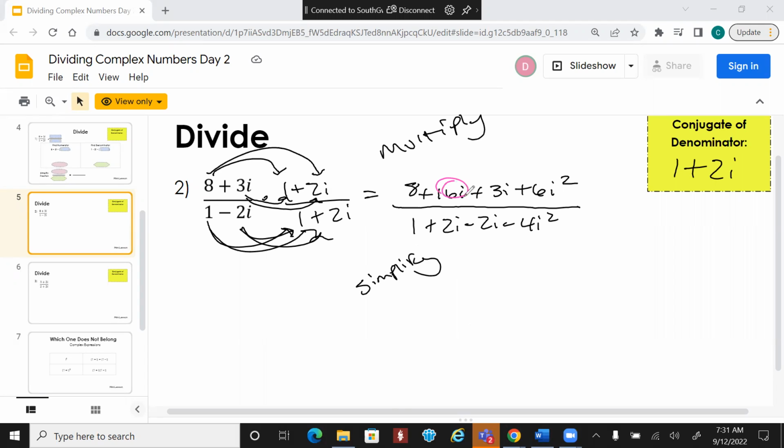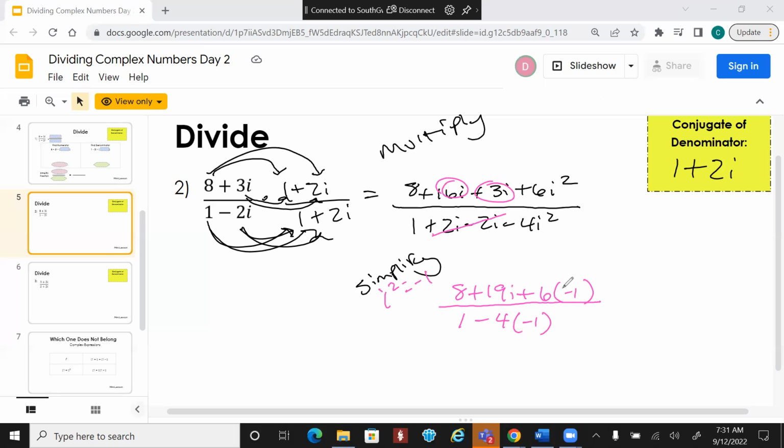So I can combine 16i and 3i. So that's going to give me 8 plus 19i. And we're going to go ahead and substitute in that negative 1. In the bottom, these would cancel. I'm going to get 1 minus 4 times negative 1. Okay, so we simplified, and then we remembered that i squared equals negative 1. Now we can combine our like terms.